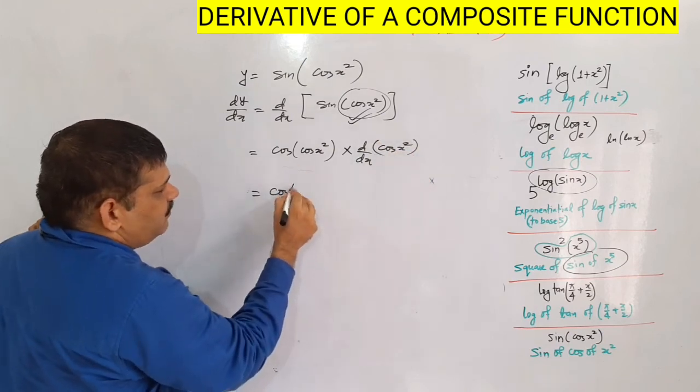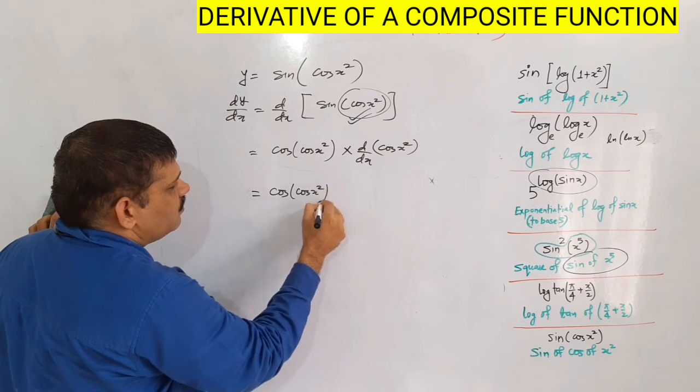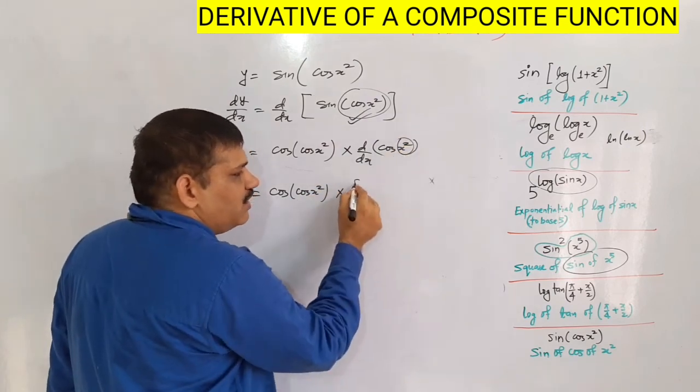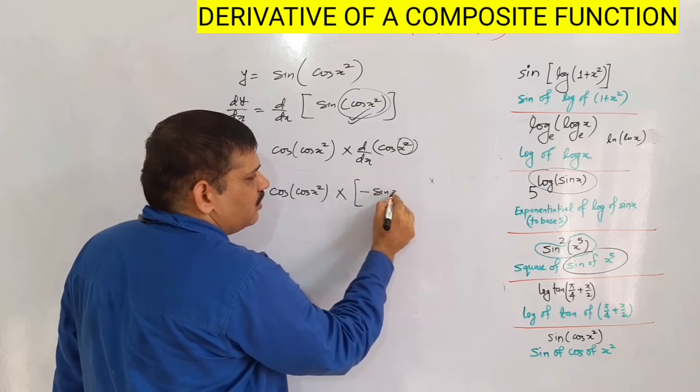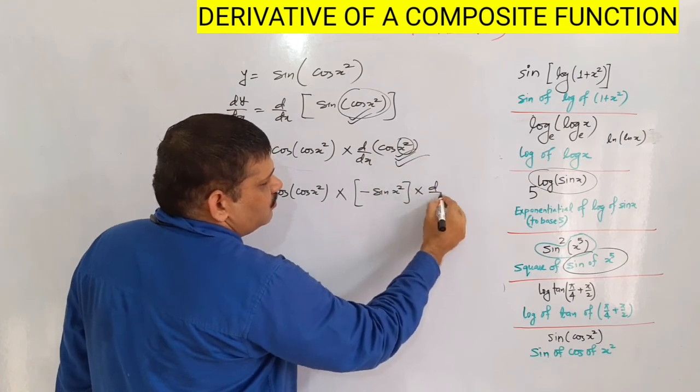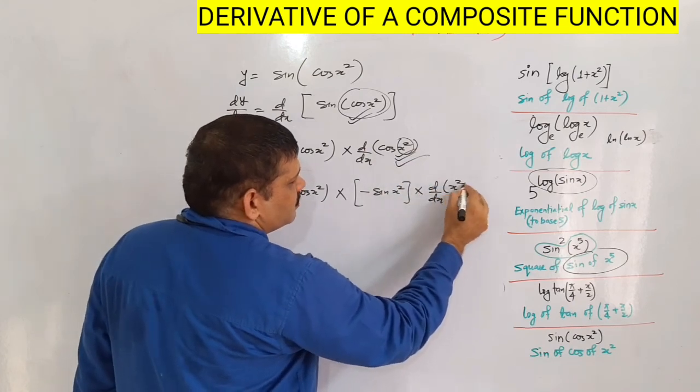Now it will stay the same: cos of cos x square into the derivative of cos u, which is minus sine u, into the derivative of that which we have treated as u, that is the derivative of x square.